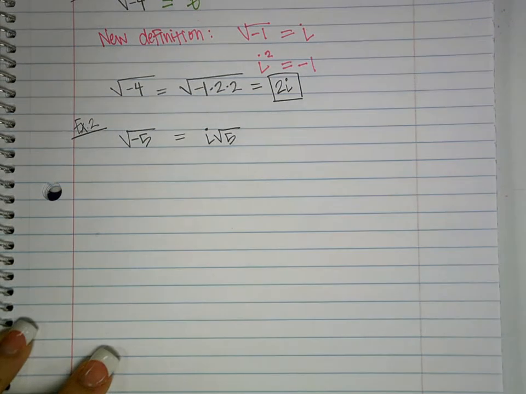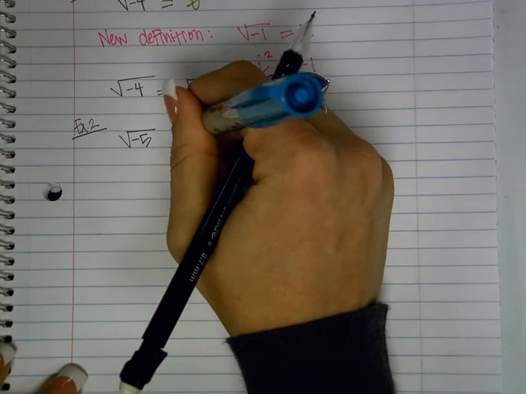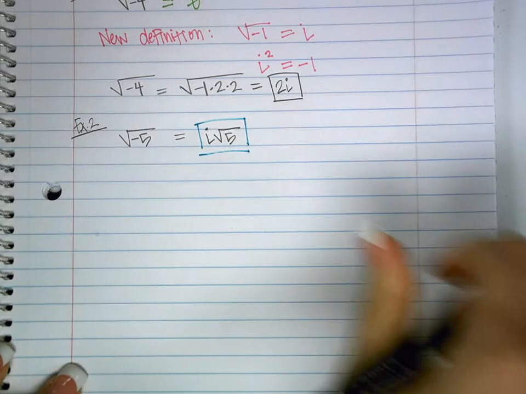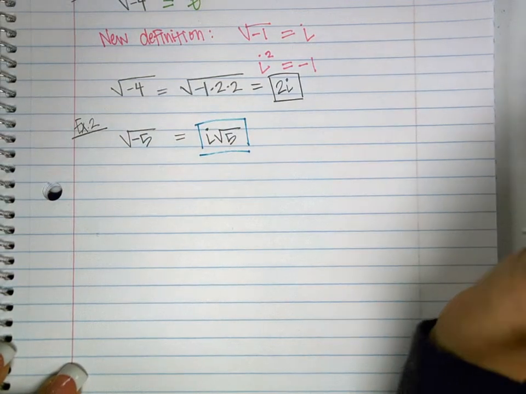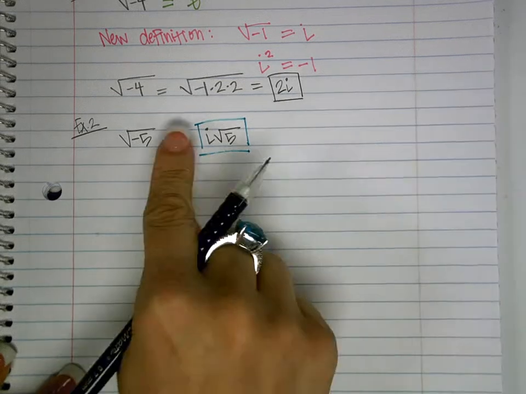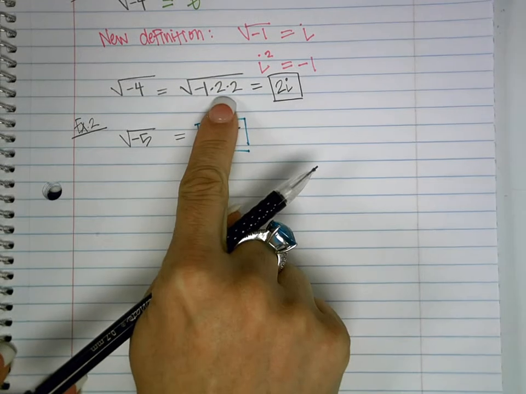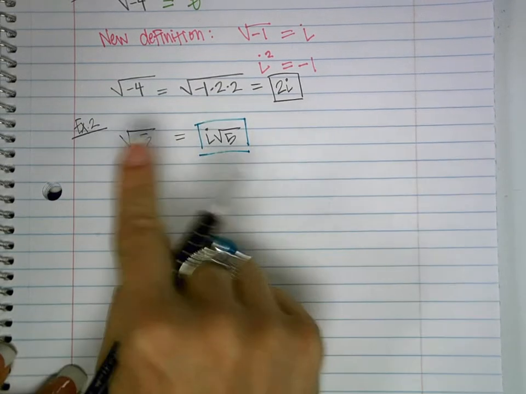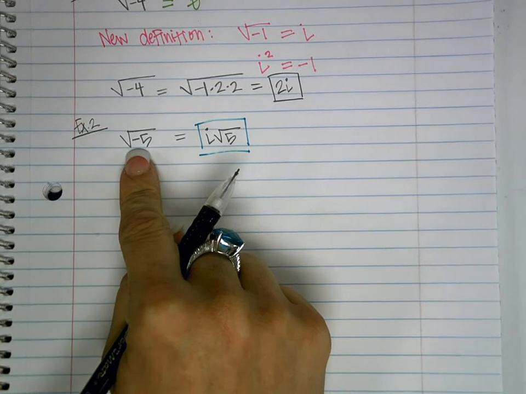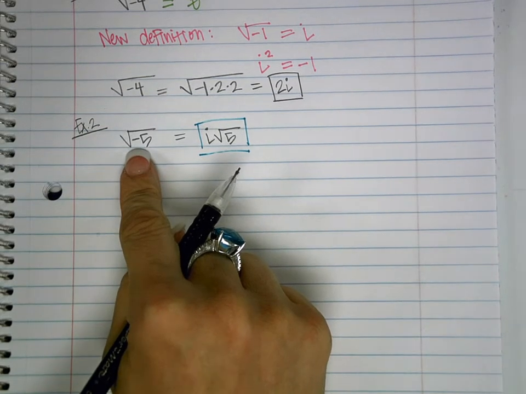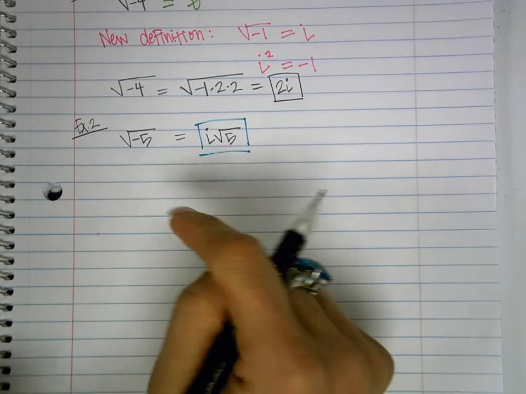That is completely simplified. If there's a pair, meaning 2 identical numbers, you can take them out. Anytime there is just one negative sign, it comes out as an i.